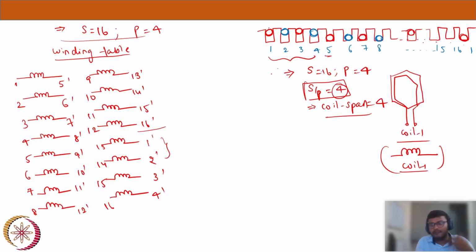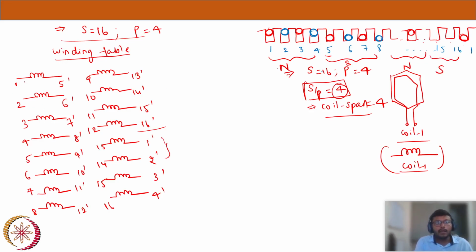So let's say it's a north pole. The first 4 slots will be under north, then 5 to 8 will be under south, 9 to 12 will be under north, and 13 to 16 will be under south. This is how each pole will have its slots.